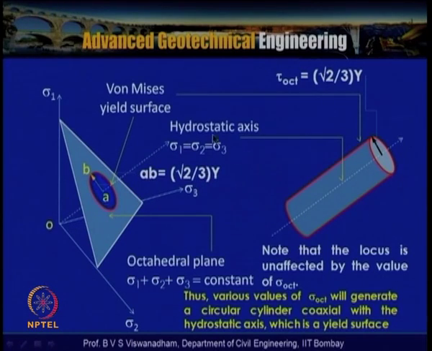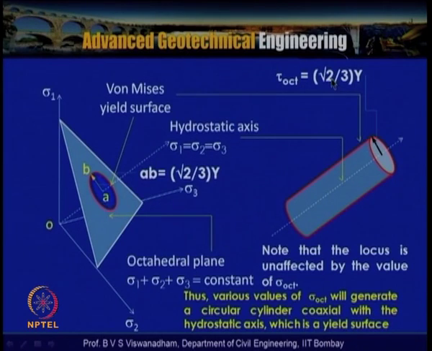This is the hydrostatic axis, sigma 1 equal to sigma 2 equal to sigma 3, and the von Mises failure surface looks like a circular cylinder coaxial with the hydrostatic axis, whose radius is equivalent to AB.